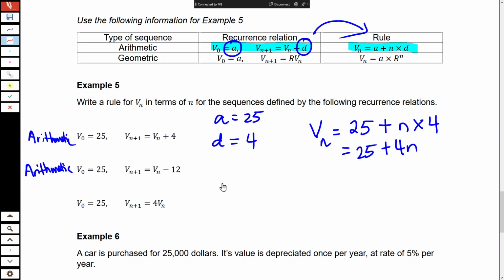Carl, can you tell me the value of A here? Aramia, what's the value of D here? Great. And Casey, what is the rule?